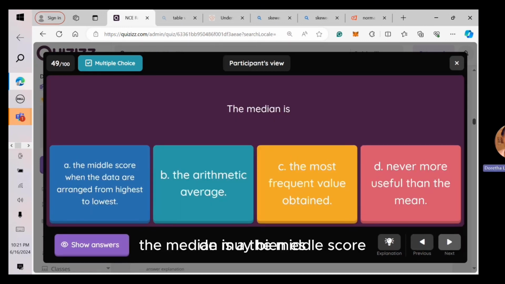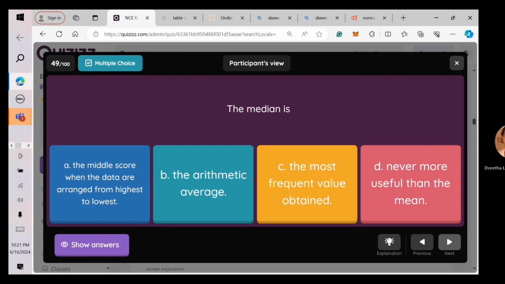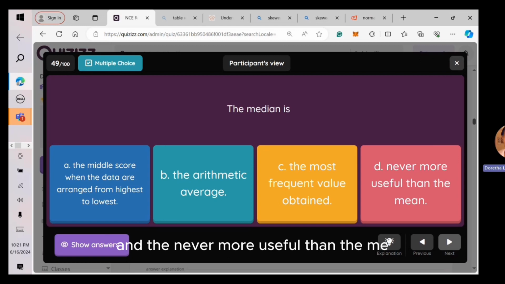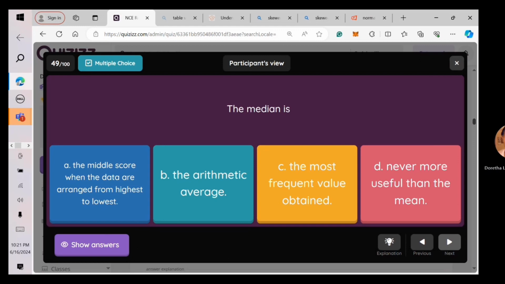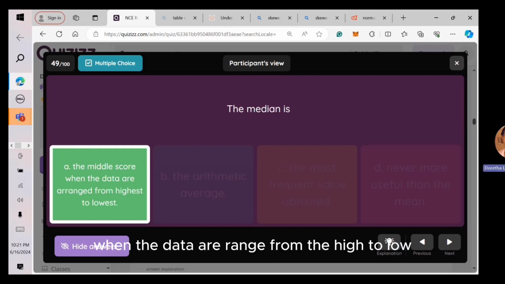The median is A, the middle score when the data are arranged from highest to lowest. B, the arithmetic average. C, the most frequent value obtained. And D, never more useful than the mean. All right, so the middle score when the data are arranged from the highest to the lowest.